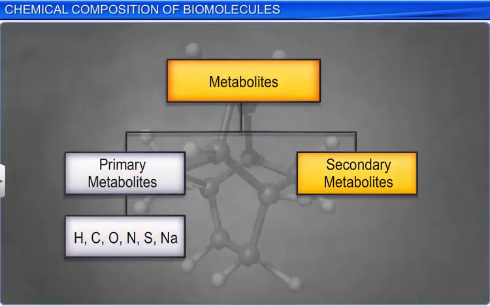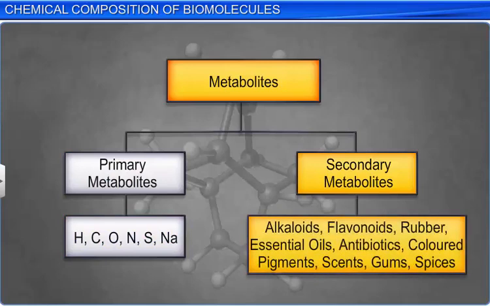On the other hand, compounds such as alkaloids, flavonoids, rubber, essential oils, antibiotics, colored pigments, scents, gums, and spices are known as secondary metabolites.